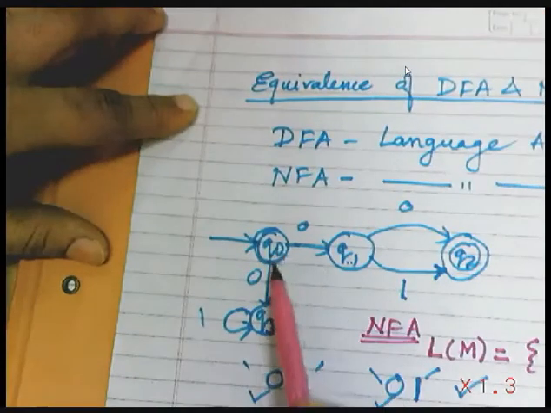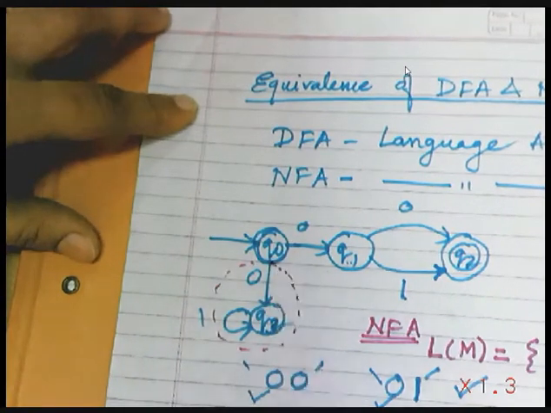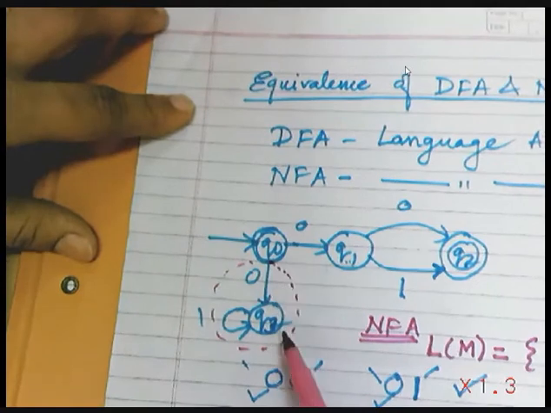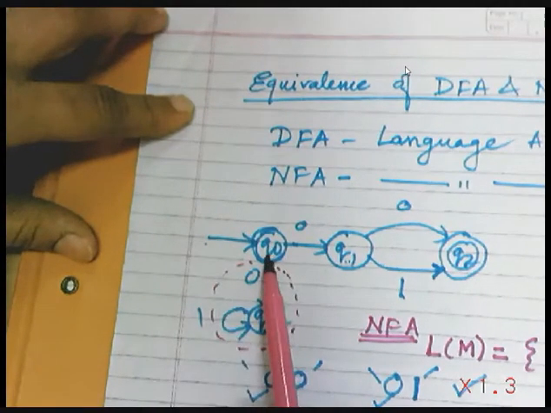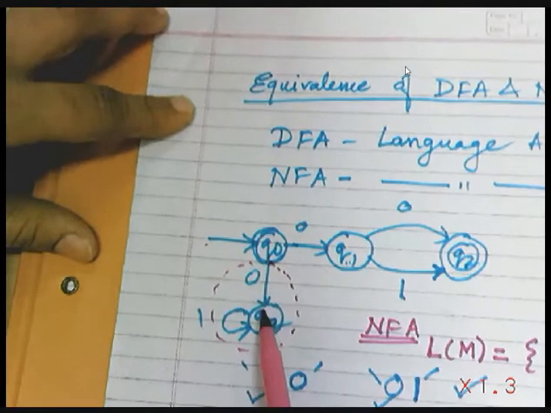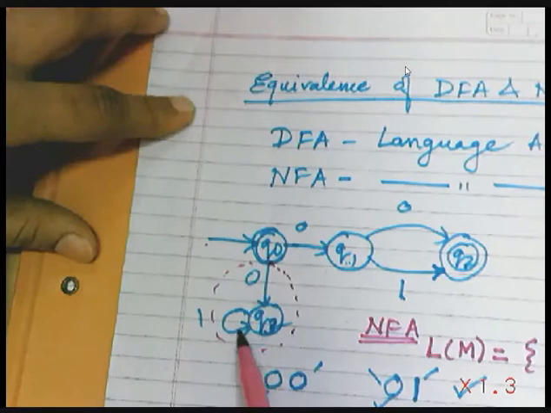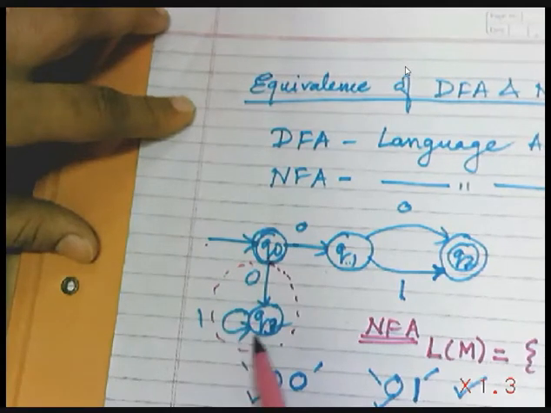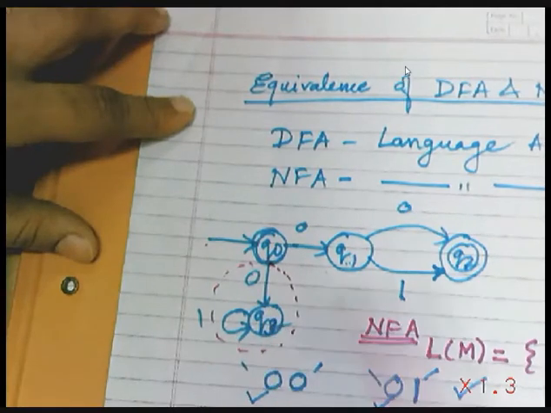Now, one more thing: what is the use of this path in this NFA? There is no use. Why? If you move from Q0 along this path, you reach Q3, and with any number of 1s you keep remaining in Q3. If you get 0 after Q3, no path is available.